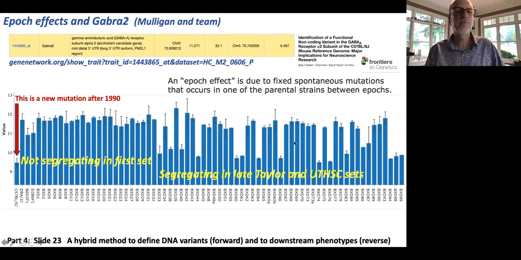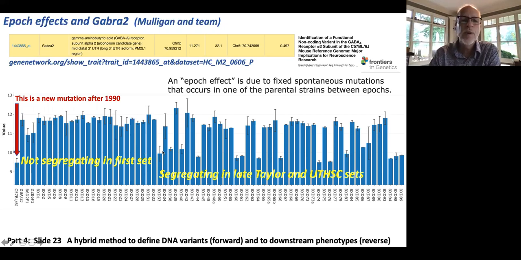And the answer, quite simply, is that there was a new mutation that impacted C57 Black 6, our classic wild type strain, after 1990. We know that for other reasons, but so we have pretty good timing on when that mutation happened. That was before JAX was repeatedly rederiving from cryopreserved stock.